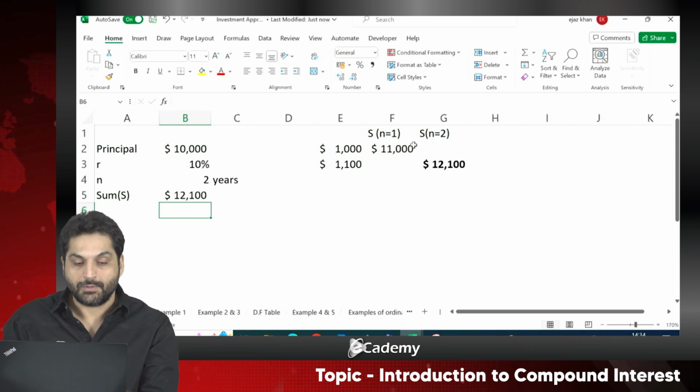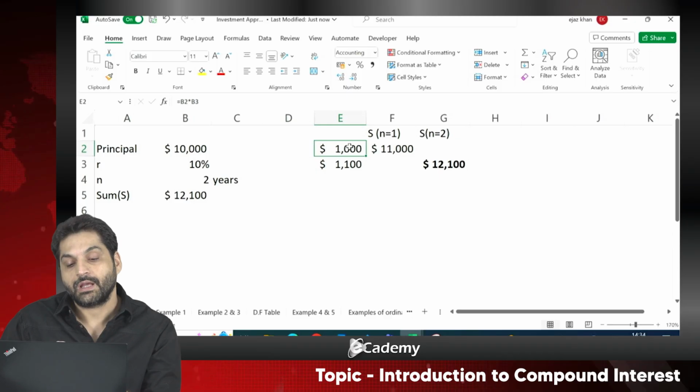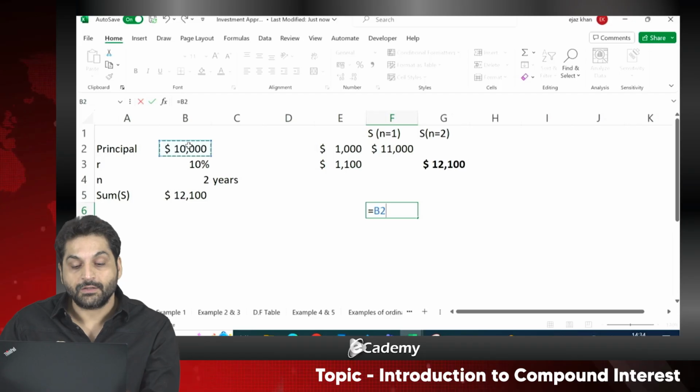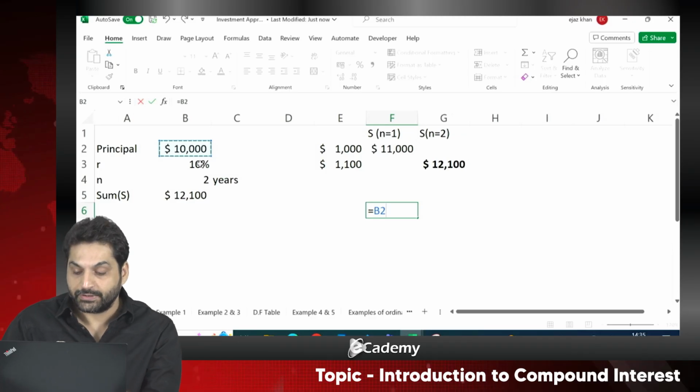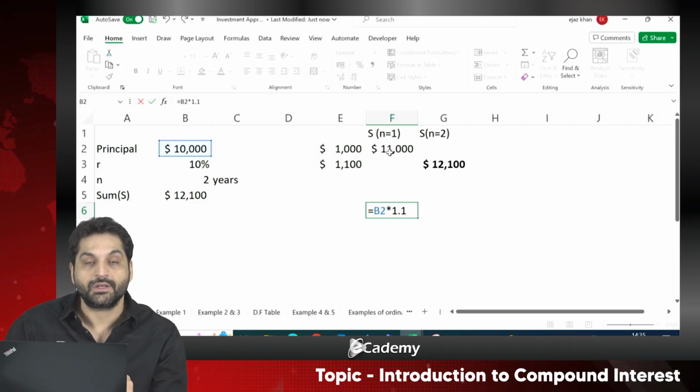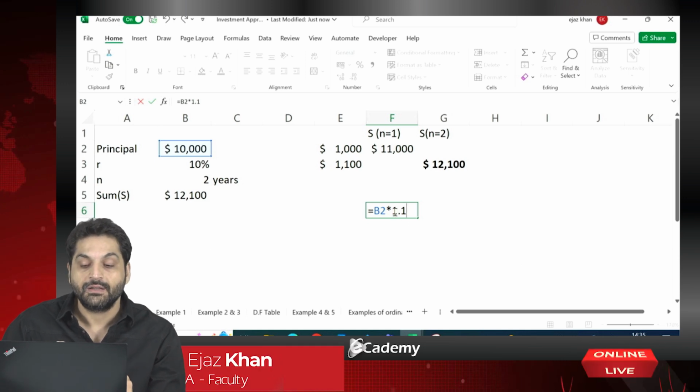Let's derive a formula. Firstly, if you just look at this, what have we done? Our principal is 10,000, and we know that after the first year we will be getting 10% of interest. So our amount will be 10,000 plus its 10%. So 10,000 into 1.1. If we multiply it by 1.1, it will give us this figure of 11,000 directly, as this factor will allow us to add 10% to the basic amount.